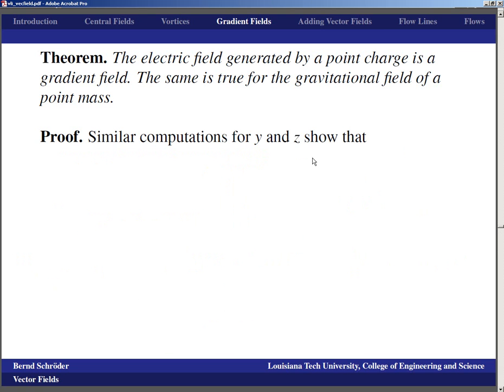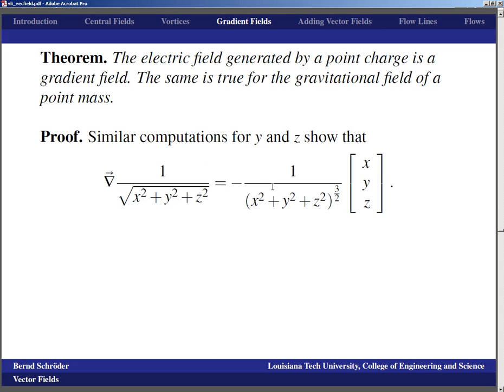And of course, a similar computation for y and z will show that the gradient of 1 over the square root of x squared plus y squared plus z squared is negative 1 over (x squared plus y squared plus z squared) to the 3/2 times the vector (x, y, z). That shows that the field on the previous panel is a gradient field, because this negative sign can simply be moved over.